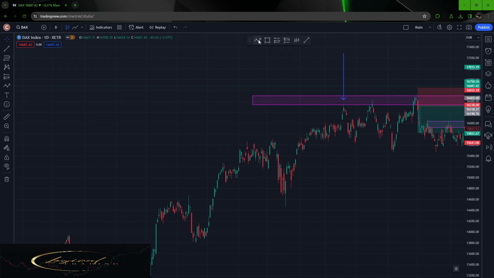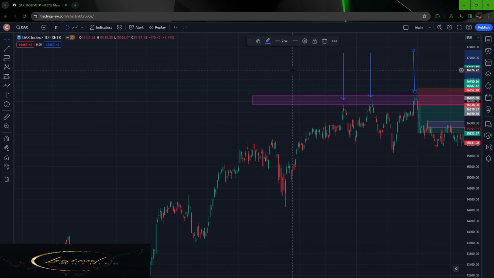If it's got 3 touches along the way, then you've got a good support or resistance area. If it's got 1 or 2 touches, that's not a support or resistance. So that's how you draw your support and resistance.